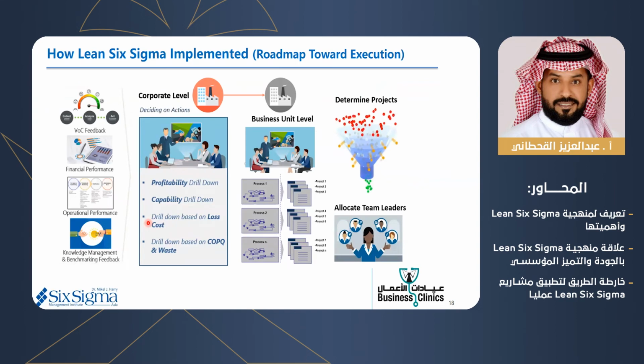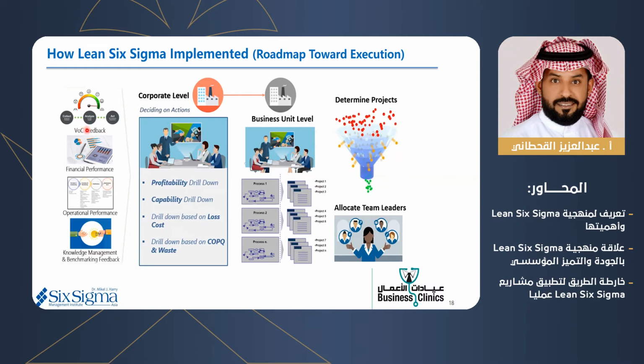So how do we implement the Six Sigma projects? The starting point will be the voice of customer feedback. This is very important to understand the customer need and the customer feedback, because at the end, the customer is essential to maintain your sales.